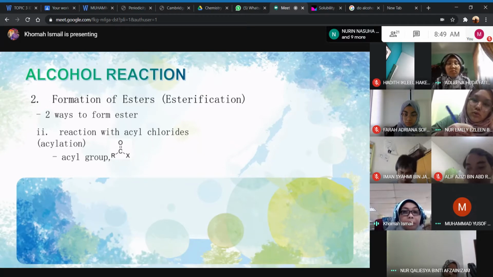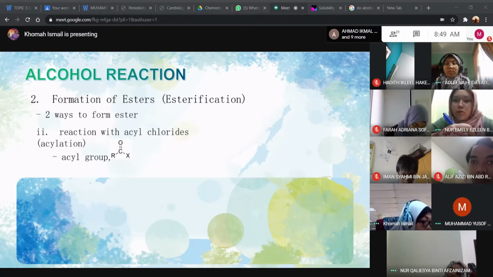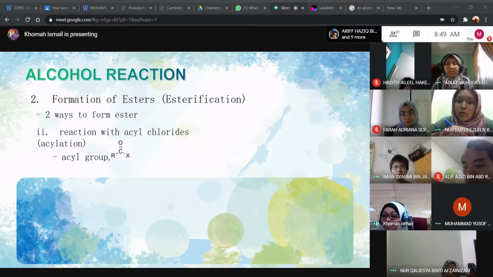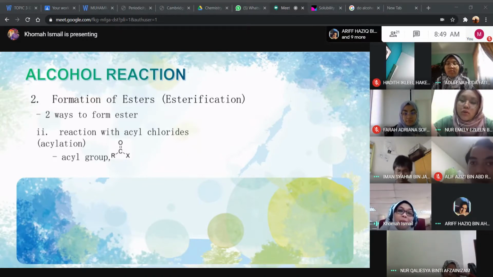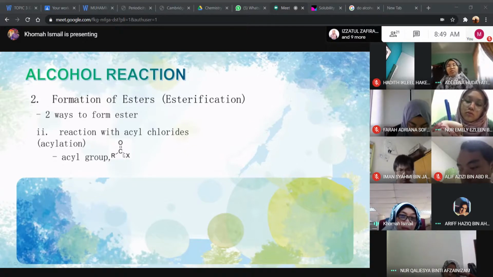The second way of forming esters is by reaction with acyl chlorides. This is your acyl chloride. Acyl chloride is a derivative of carboxylic acid. It looks like a carboxylic acid, but when it is carboxylic acid it is COOH, right?